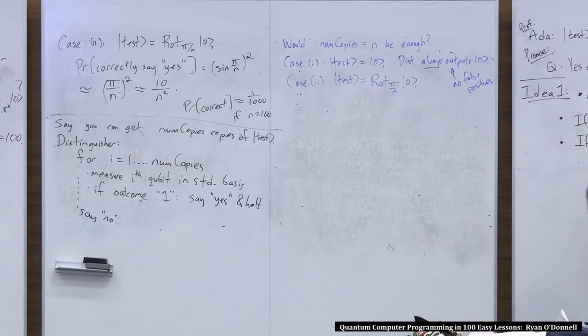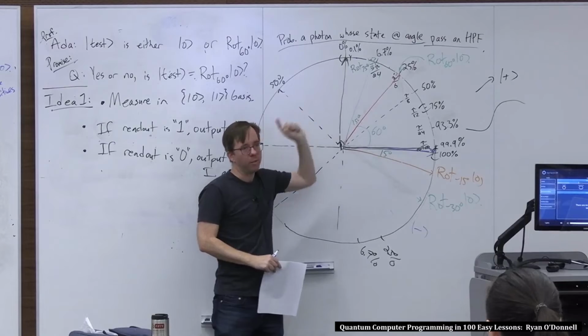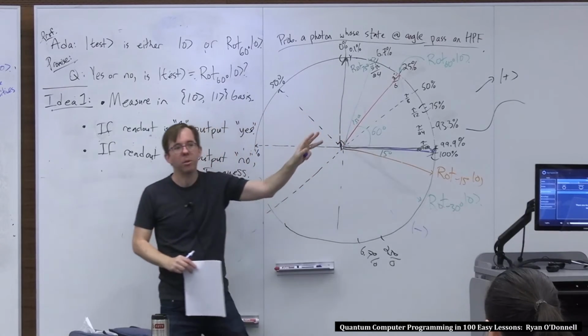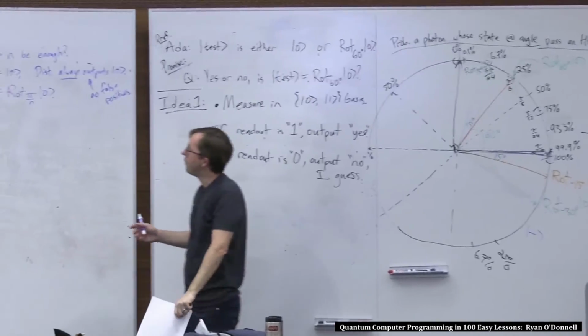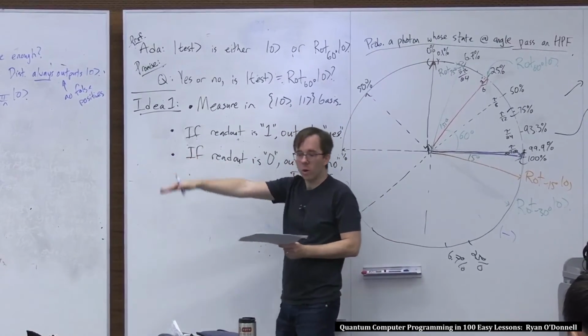Every time it's the rotated vector, we keep measuring each copy in the standard basis, and we keep hoping that we see ket 1, and if we do see ket 1, we're like, oh, thank God, we can output yes. But we have to worry about the probability we never see it over the course of the whole algorithm.